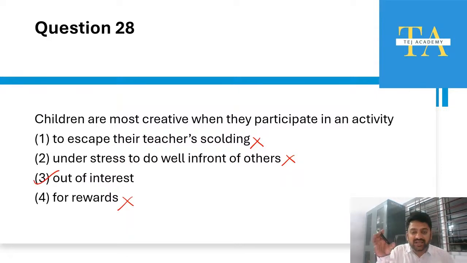When a teacher is conducting some activity, children should participate out of their interest, not for reward. Most of you have opted for D. It is not for reward. When you participate in some activity just for the reward, it is not creativity. It should have interest. With interest, you should participate. The third one is the correct one.